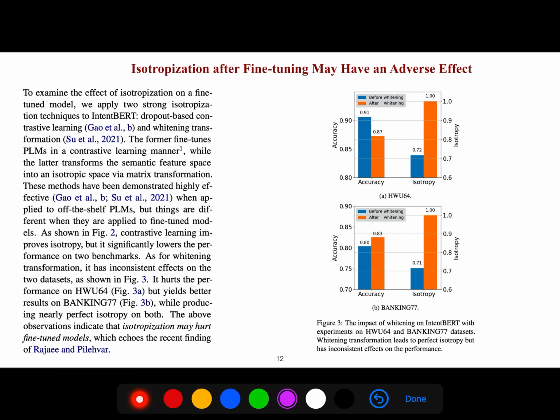But the latter one, which is the whitening transformation, transforms the semantic feature space into an isotropic space using a matrix transformation. And these methods are highly effective. So you see the impact of whitening here in this picture. Whitening transformation leads to perfect isotropy, but has inconsistent effects on the performance.